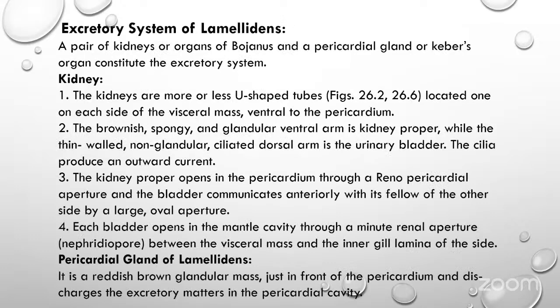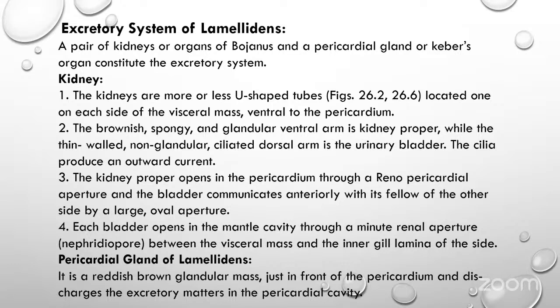If you look into the excretory system of lamellidens, a pair of kidneys or organs of Bojanus and a pericardial gland or Keber's organ constitute the excretory system. Kidney: the kidneys are more or less U-shaped tubes located one on each side of the visceral mass, ventral to the pericardium.